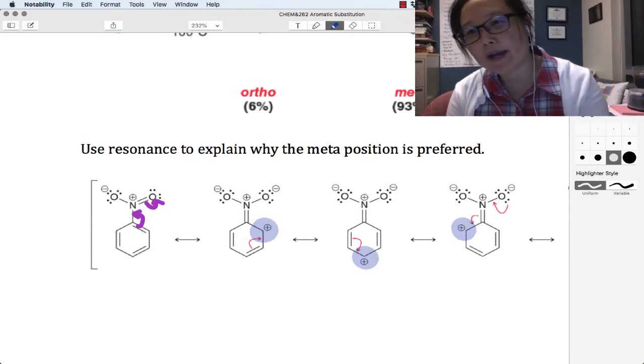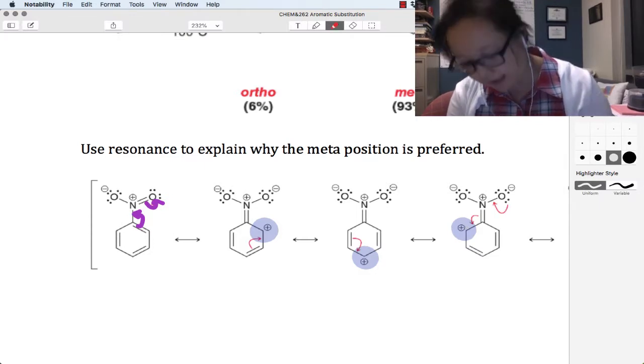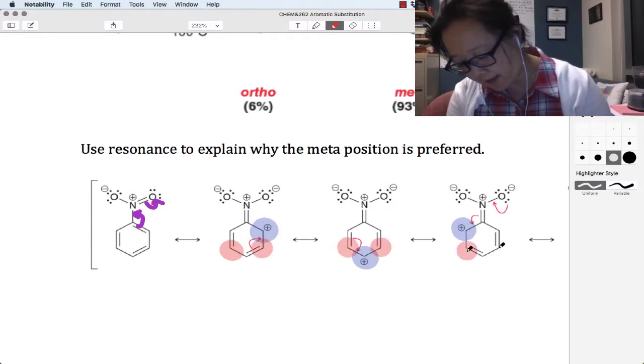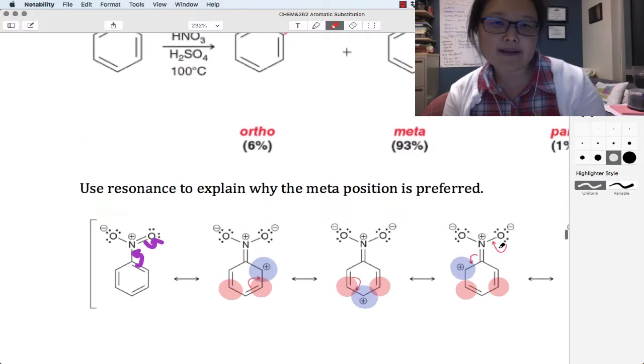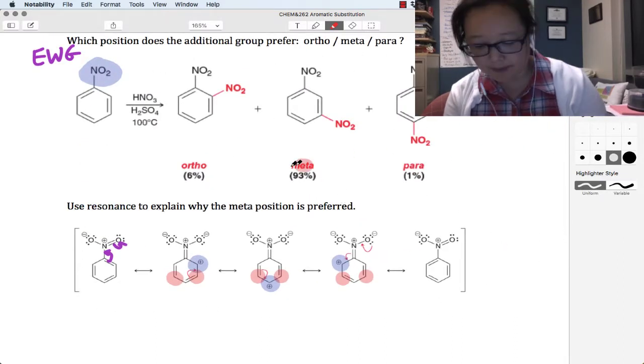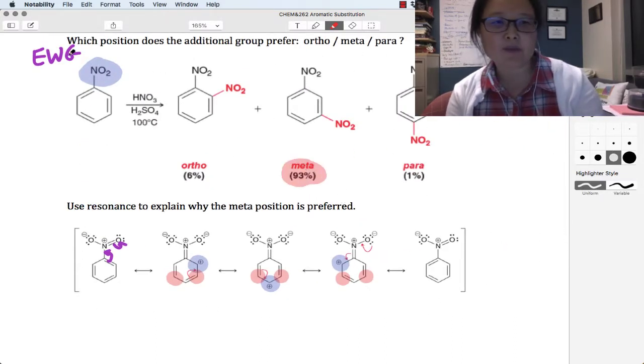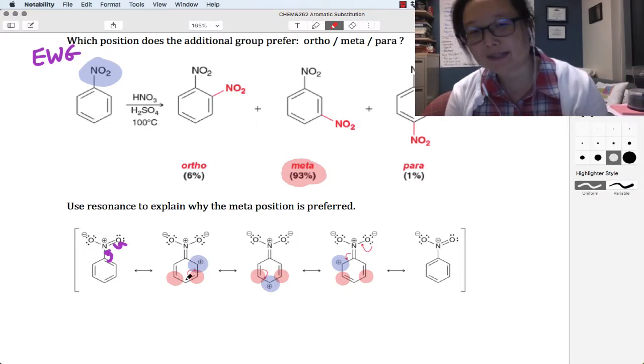So the only spots left where it's not positive by resonance are these meta positions here. See how those are never positive? So that's why we see a great abundance of meta product when we have a withdrawing group, because those are the positions that are more nucleophilic, simply because we have resonance structures where they're not positive.